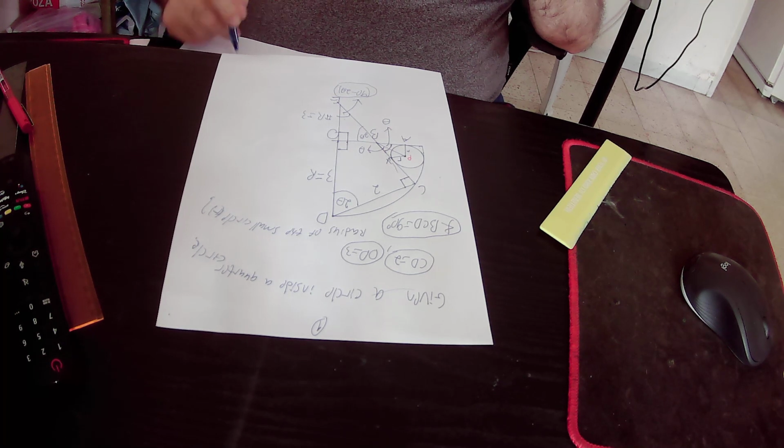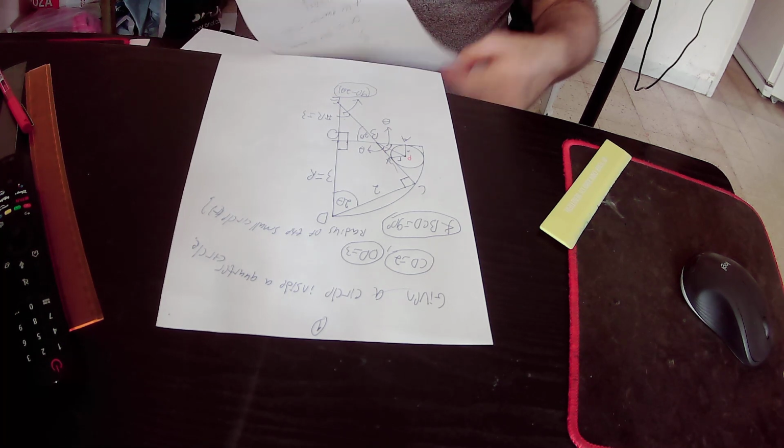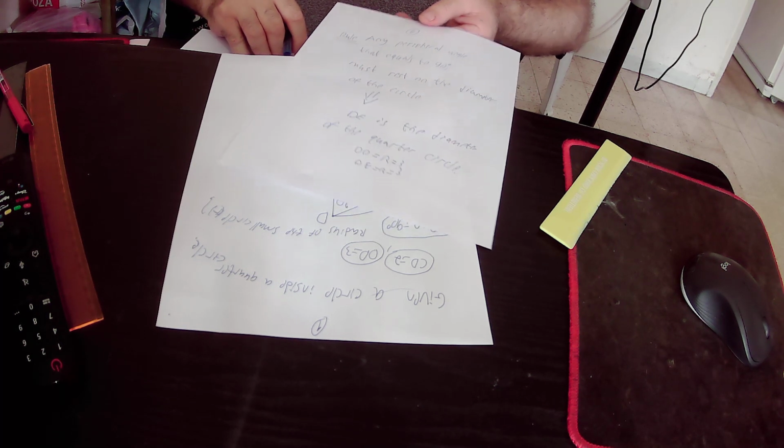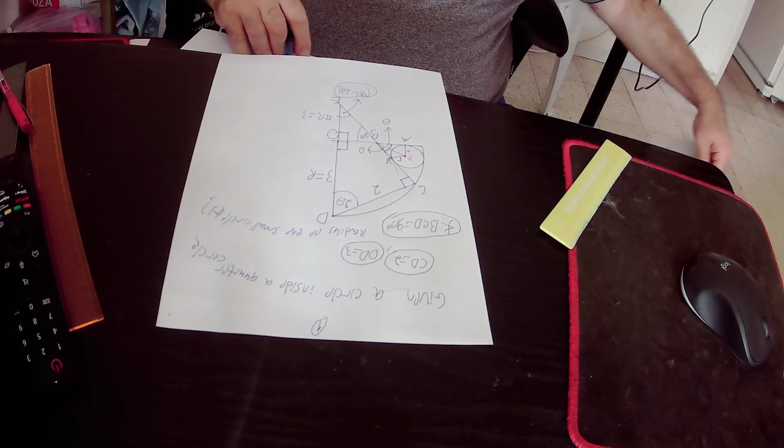So OD equals R equals 3 units, and OE also equals capital R equals 3 units.